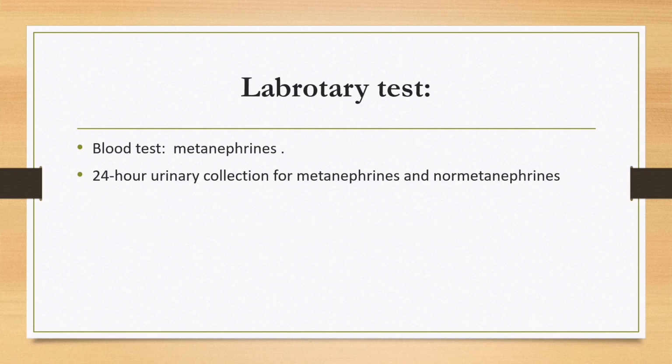So let us start with the blood test. We do the blood test to see special hormones, which we call metanephrines and norepinephrines. Also, these two hormones can be checked in the urine by collecting urine over 24 hours, and then we can check the level of these two hormones, metanephrines and norepinephrines.